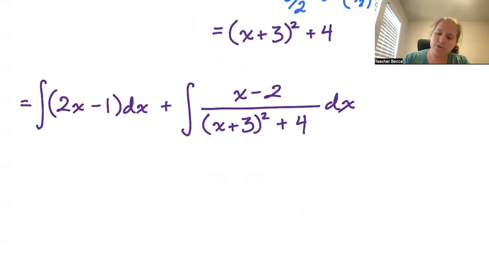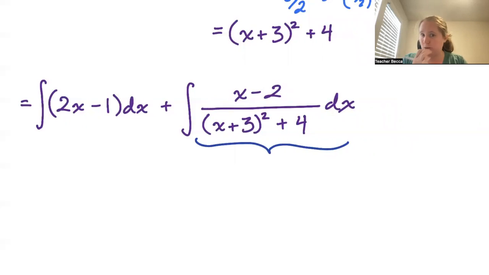Focusing on this second integral, the first one we definitely know how to solve. For the second integral, let's go ahead and simplify that problem. Let's do our u equals x plus 3.